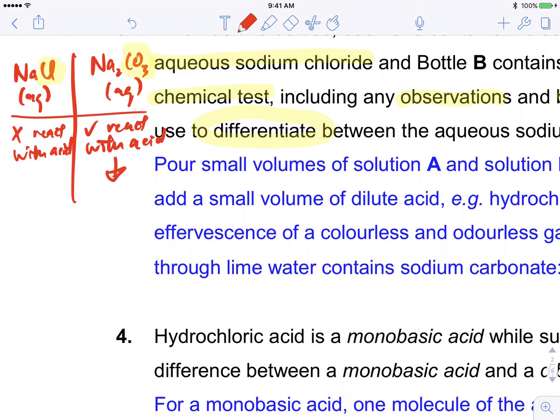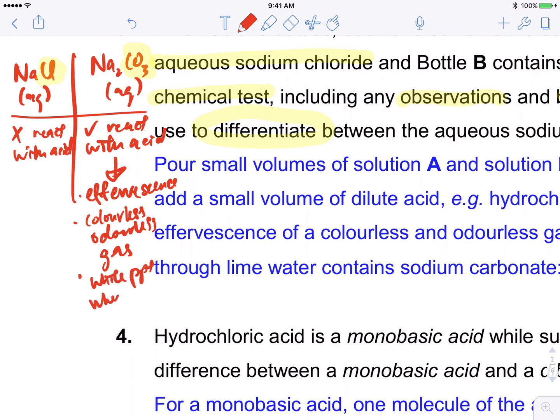And since carbon dioxide is produced, there will be effervescence of colorless odorless gas. Then we need to test for this gas, which gives a white precipitate when bubbled into lime water.